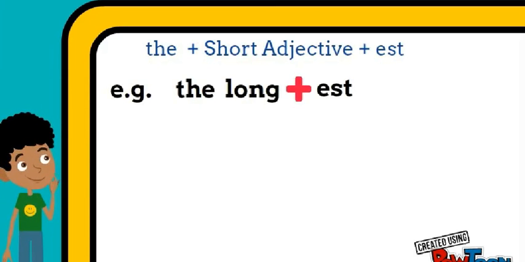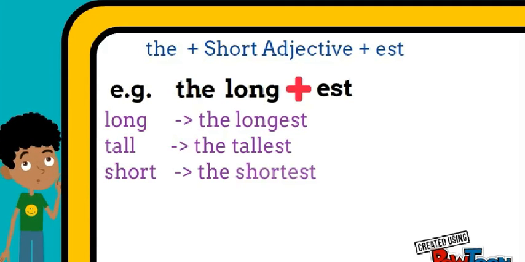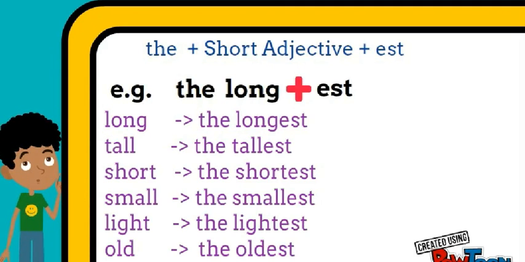So if we have a short adjective, we simply add est. Examples: long, the longest; tall, the tallest; short, the shortest; small, the smallest; light, the lightest; old, the oldest.